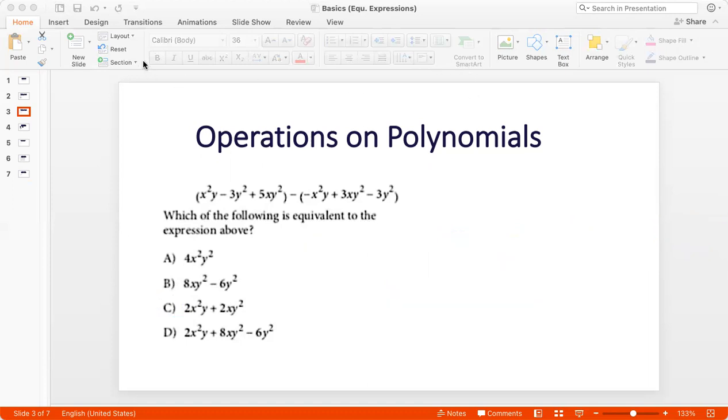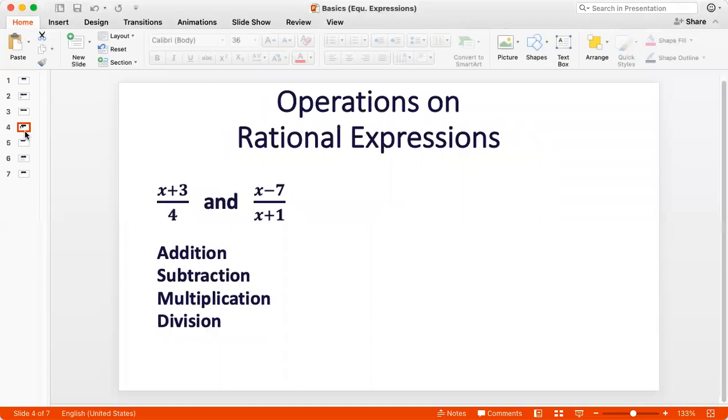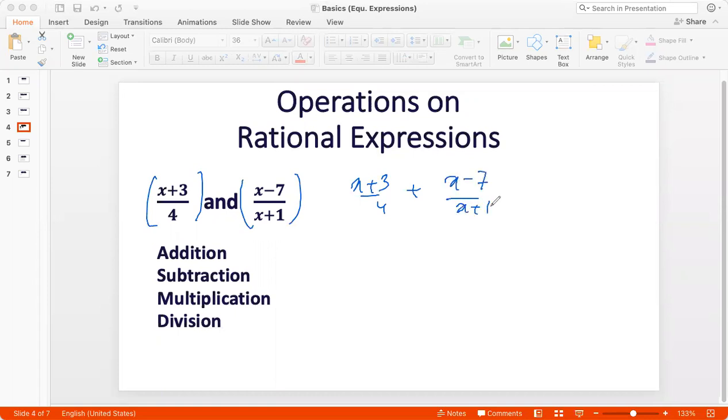Okay, the next kind of question will be about different operations and rational expressions. Rational expressions are expressions where you might have polynomials in the numerator as well as the denominator, right? So let's start with adding these two rational expressions. So (x plus 3) by 4 plus (x minus 7) by (x plus 1).